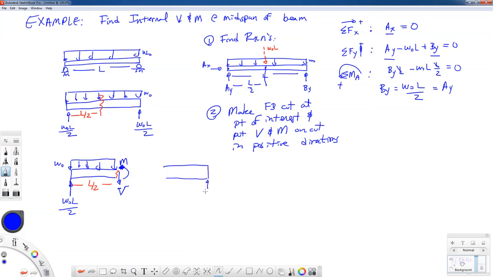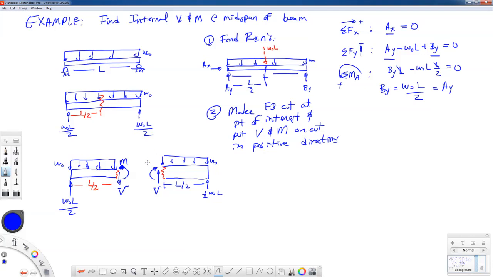I have over here 1/2 W0 L. I have the portion of the distributed load coming down, there's W0. I know this distance is L over 2, and I have my cut spot right here, and my internal bending moment puts the top of the beam in compression. It goes that way, and my internal shearing force points upward when I am on the left side, when I have cut, and my cut is on the left side of my section.